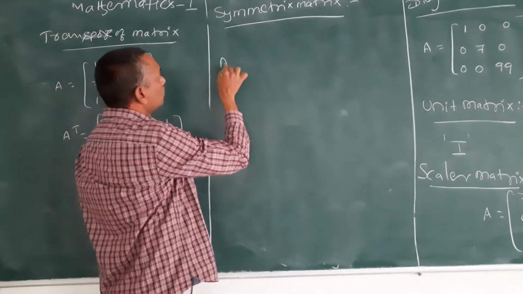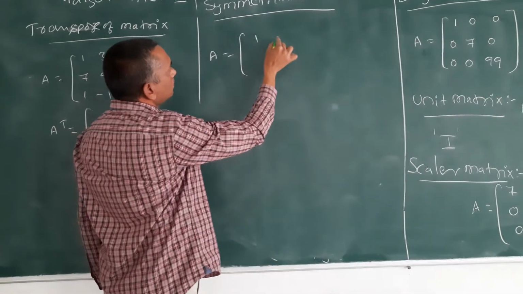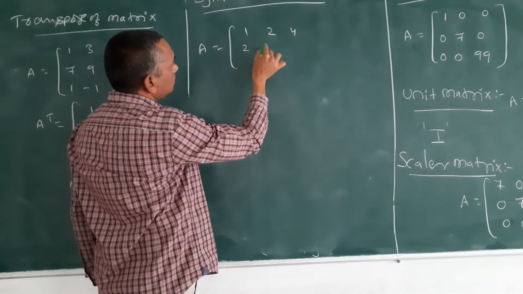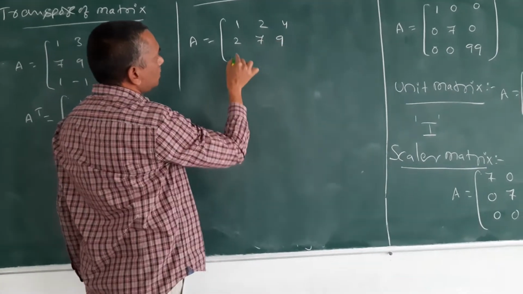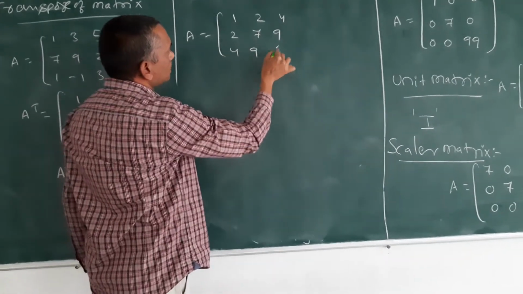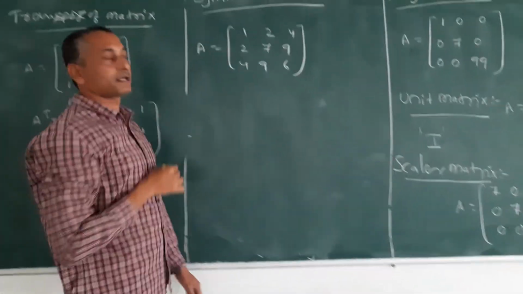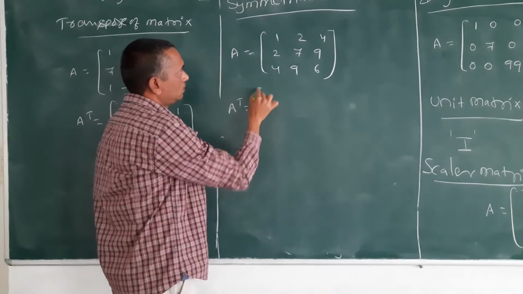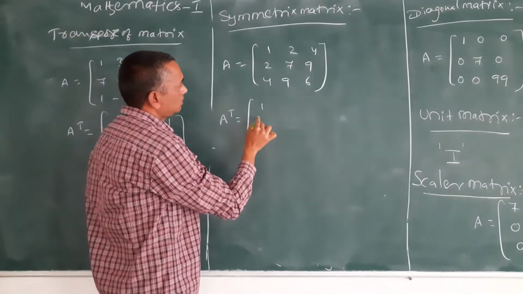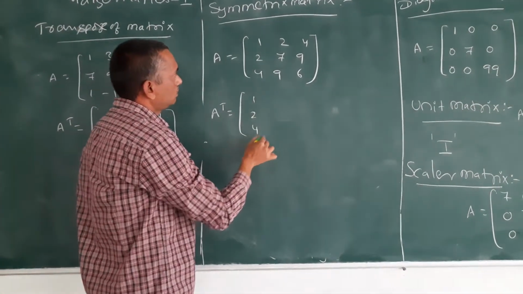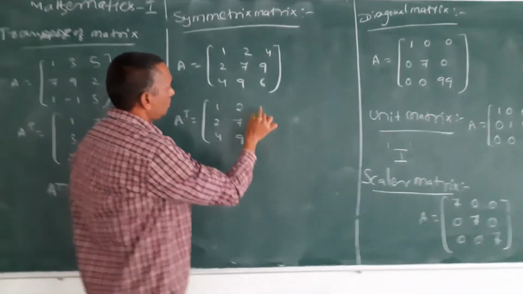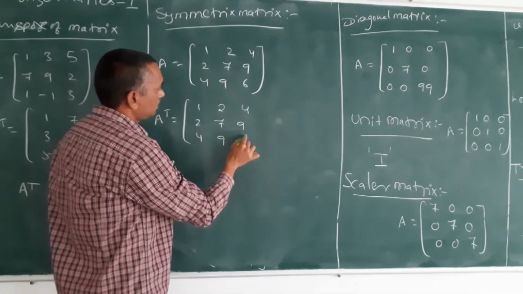For example, A equals 1, 2, 4, 2, 7, 9, 4, 9, 6. This is matrix A. What is symmetric?